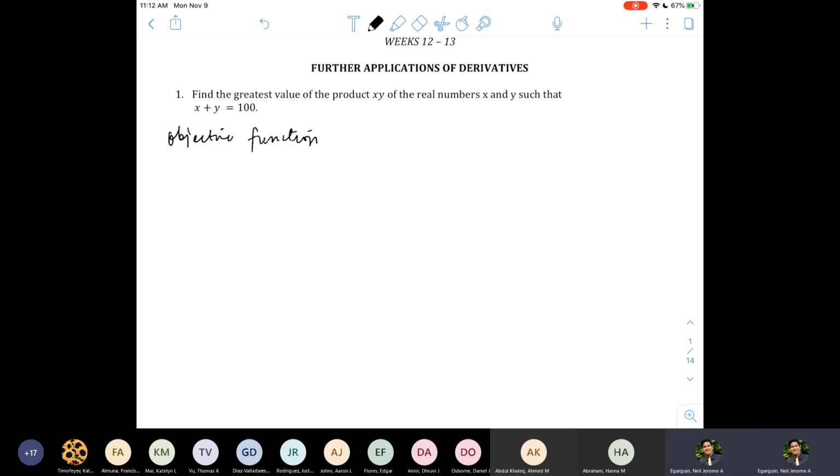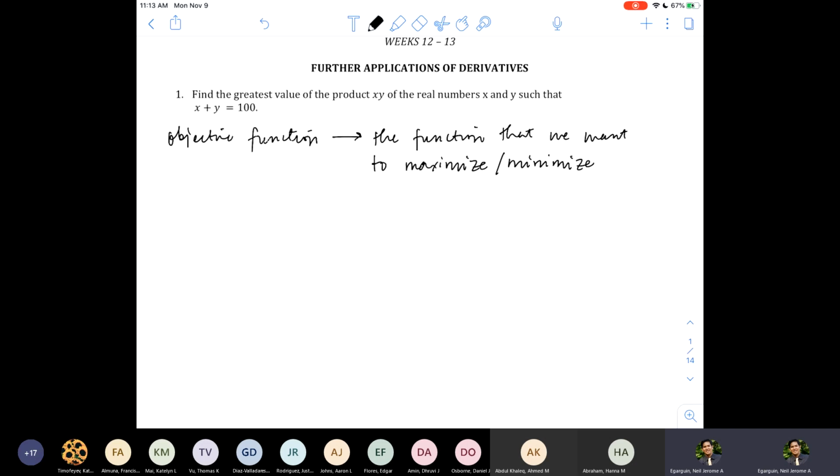The objective function is basically the function that we want to maximize or minimize. So it might involve some formula, say for the area, for the surface area, or the volume, or those usual formulas you meet from geometry.